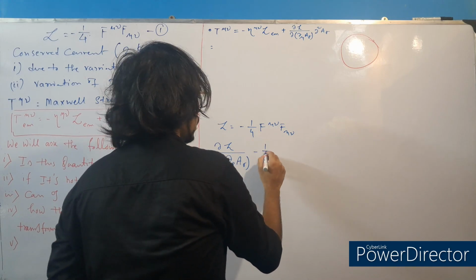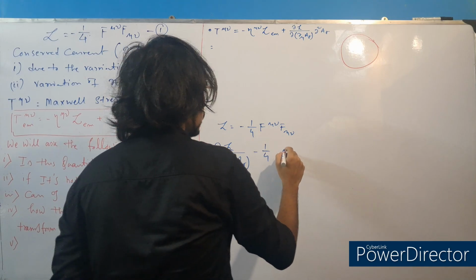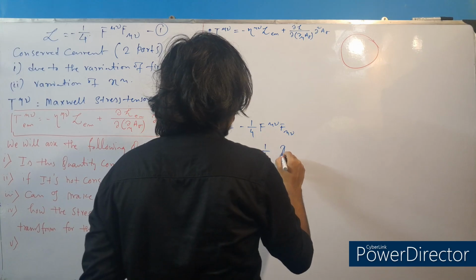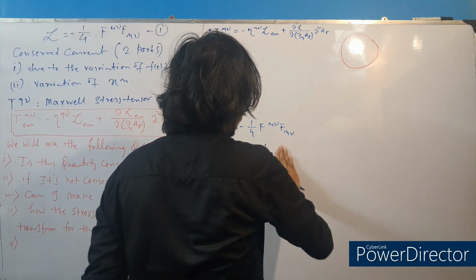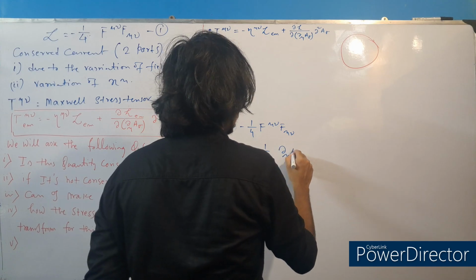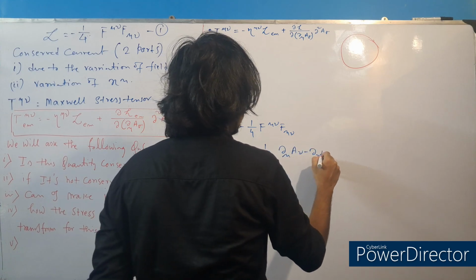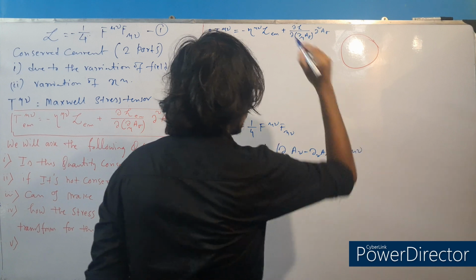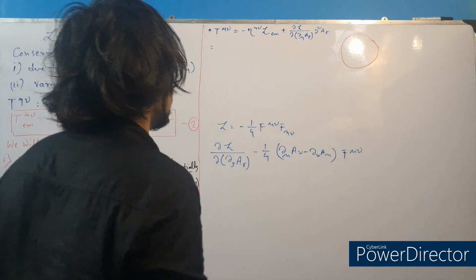Sorry, 1 by 4. This F mu nu I will try to open: del mu A nu minus del nu A mu, and the other F will be kept alike.